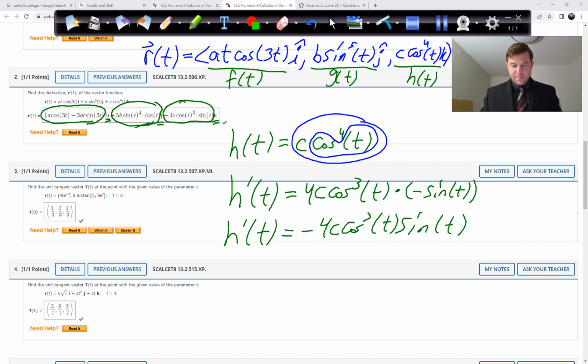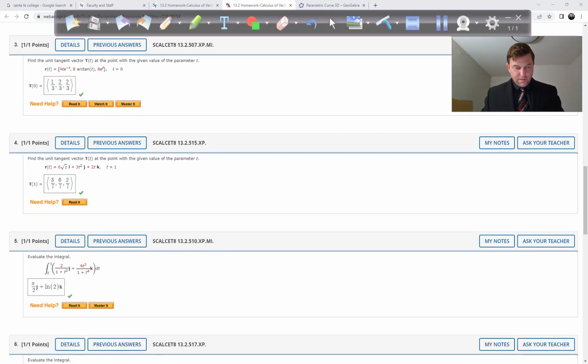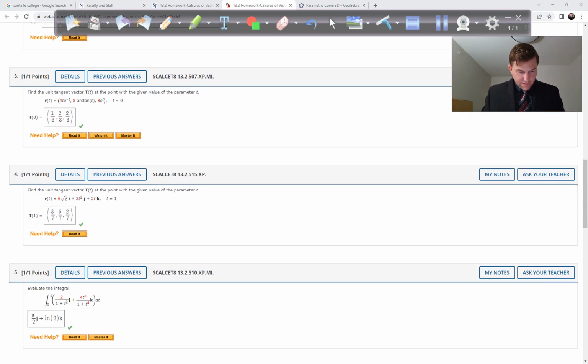Okay, let's look at 3. I believe 3 is going to be very similar. Not quite. It says find the unit tangent vector, capital T of t, so that's the tangent vector, unit tangent vector, at the point with the given value of the parameter t.